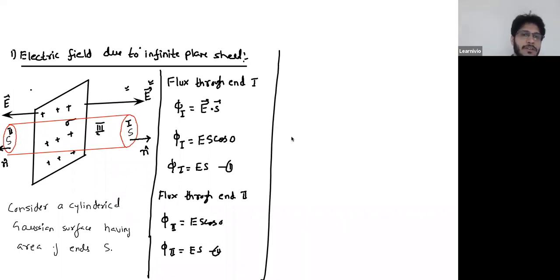Afroza, through this curved surface, what should be the direction of the area vector? This is a closed surface. I'm considering a small element ds here. What is the direction of this ds? Is it to the right hand side, left hand side, upwards?